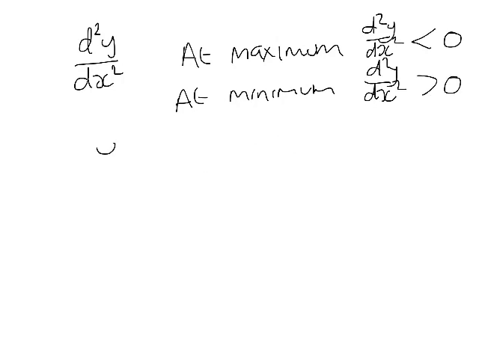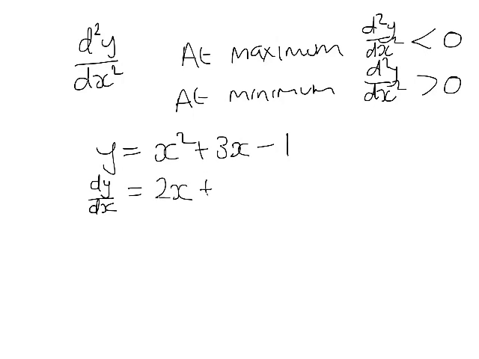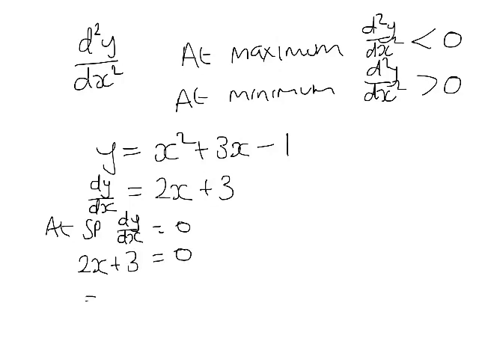So say we had the graph y equals x squared plus 3x minus 1, and we want to find the stationary point. Our gradient function is 2x plus 3. At stationary points, our gradient function is equal to 0, so 2x plus 3 equals 0. This implies that x is minus 3 over 2.